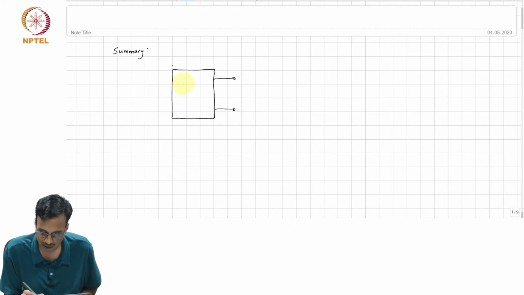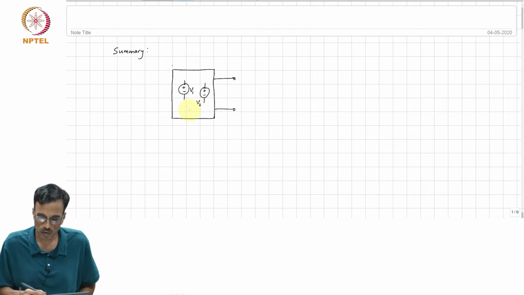So, we have an LPTV network with multiple sources. Here I am just showing voltage sources, but in general they can be current sources inside too.